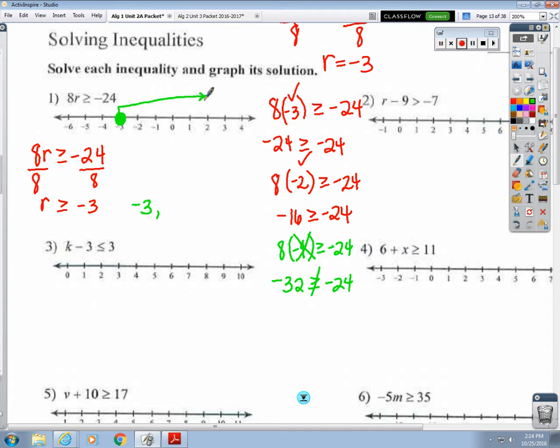Doesn't that arrow mean it goes on forever? And what is forever? Infinity. Okay? Now, infinity, you always put parentheses when you're doing interval notation. But since we actually have a solution at -3, you put a bracket to show that your solutions start at -3 and go forever.